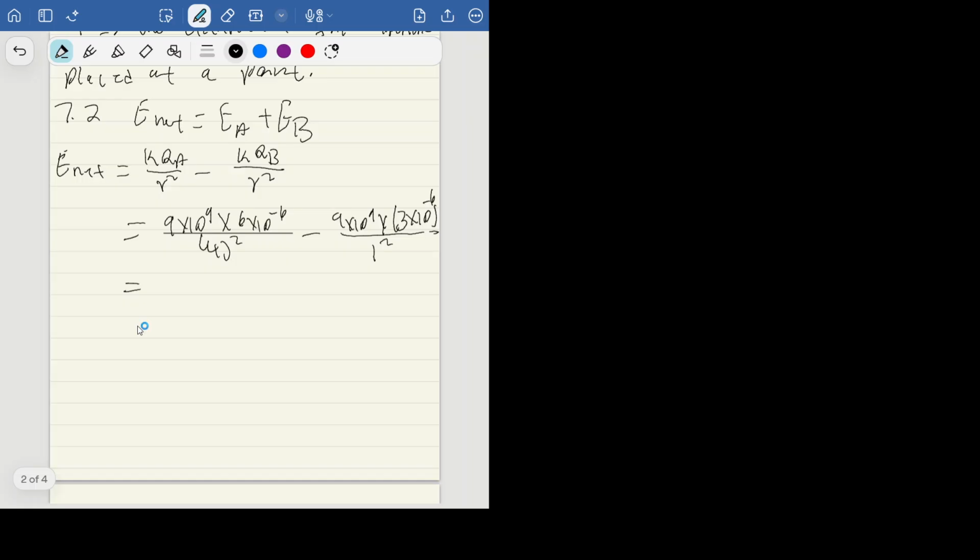Okay, now I get the answer as a negative 23,625. Because it is a force per charge, the unit will be newtons per coulomb. So electrostatic field at the point. So these will be the units for the net electric field at a point.